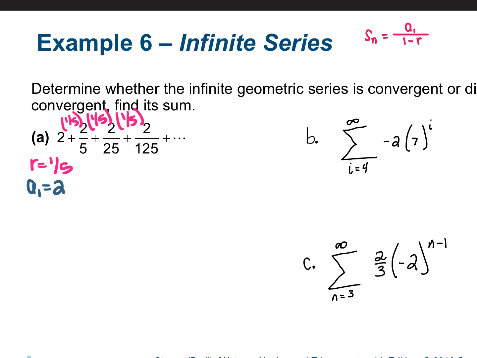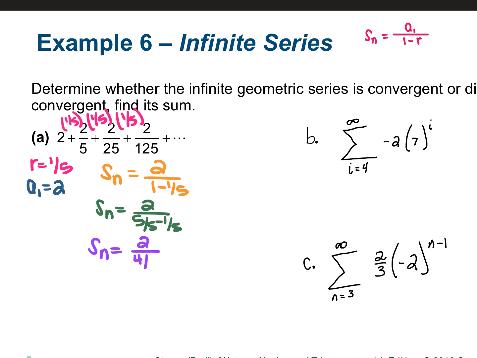And we only need a sub 1 and r in our infinite series formula. So plug these values in. This is going to give us S sub n is equal to a sub 1, which is 2, over 1 minus r, which is 1/5. That 1 is going to have to turn into 5 over 5. So that gives us S sub n is equal to 2 over 4/5.